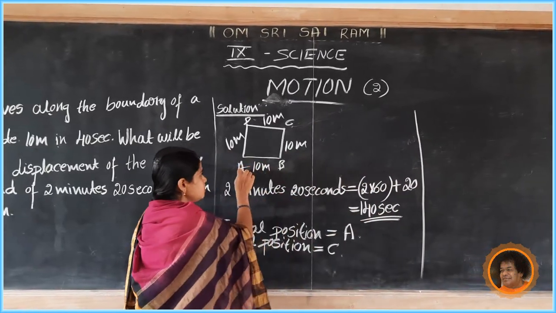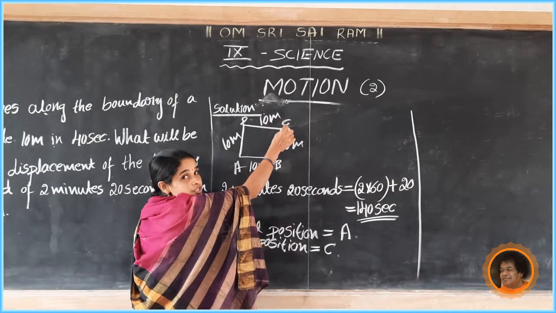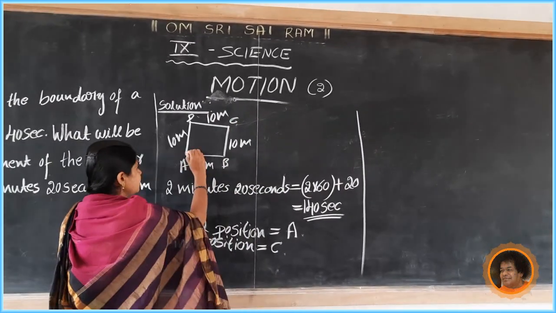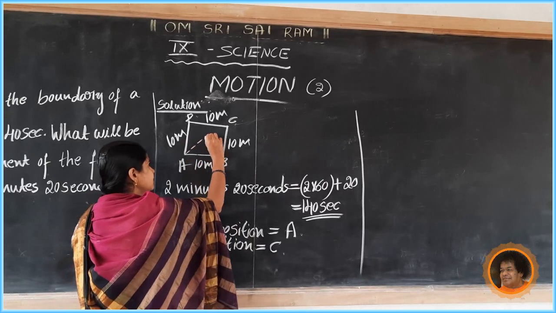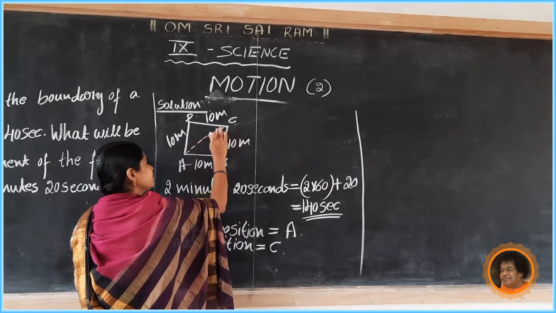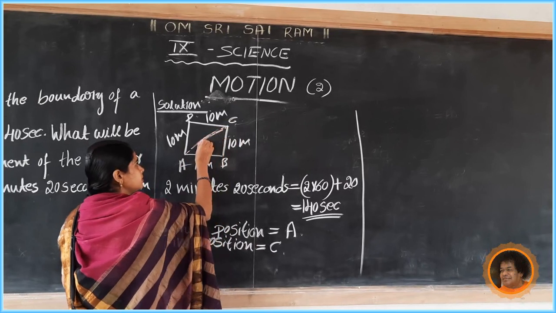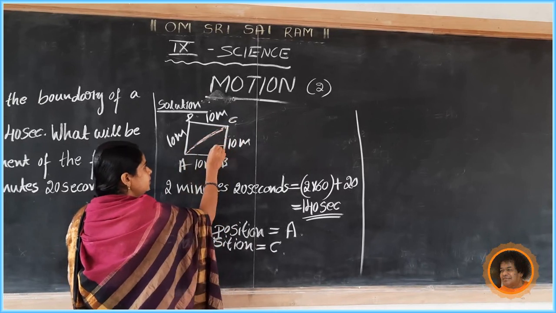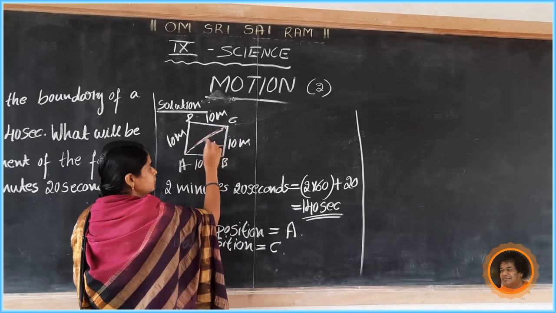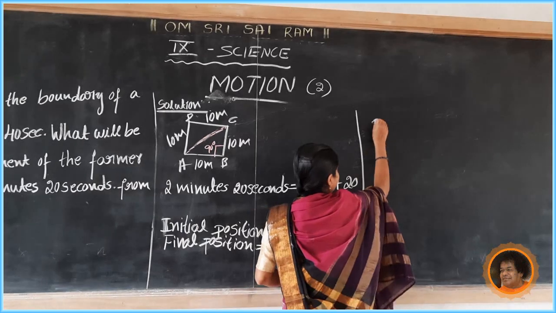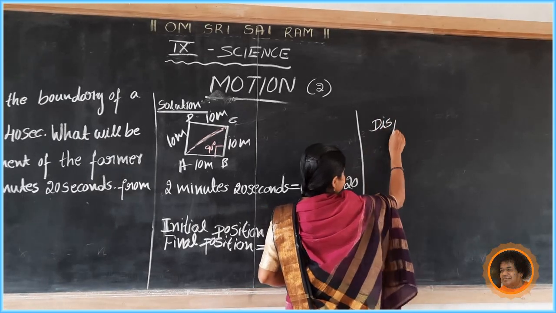Here, initial position A, final position C. Here AC is the displacement. Now here angle B is 90 degrees, so AC is the hypotenuse. Okay, so calculate the displacement.